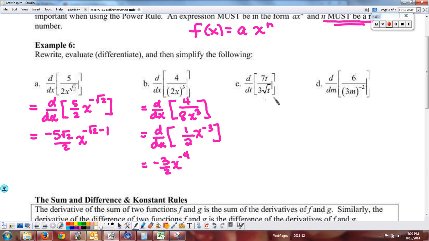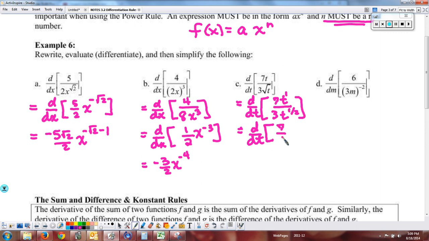Right? Same thing true over here. This one you got to do a little remembering of your exponent rules. So I'm taking the derivative with respect to t, which is good because that's my variable there. This is the same as 7t to the first, and then 3t to the 1/2. So I think of that first, and then I remember that when I have the same base and I'm dividing, I should subtract my exponents.